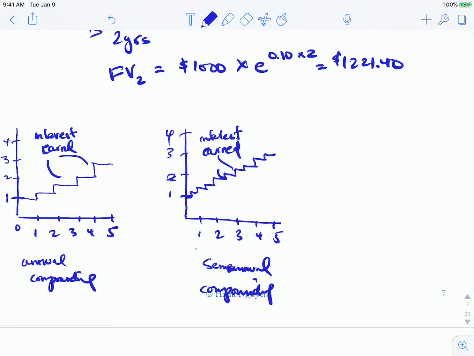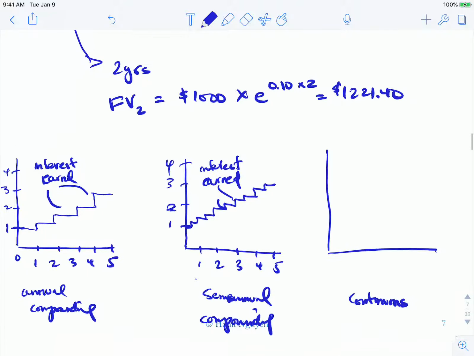Now, in continuous compounding, what do you think the graph would look like?